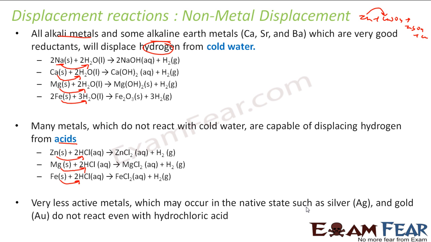So not every metal can kick out hydrogen from water, and not every metal can kick out hydrogen from acids. Here, when I say non-metal displacement, it doesn't mean a non-metal is displacing a non-metal. A metal can also displace a non-metal. In most of the examples, the metal has displaced a non-metal.